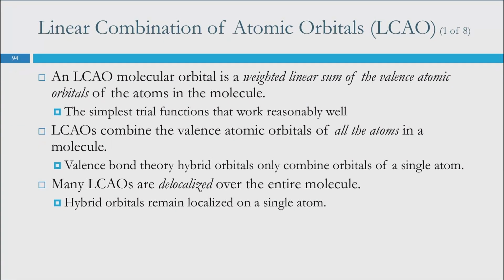Instead, we are going to do some qualitative learning about linear combination of atomic orbitals. So the linear combination part basically means adding or subtracting, sort of. We're not multiplying orbitals together. And the combination of atomic orbitals, we're going to be taking two atoms and combining those orbitals that they have to form a couple of different orbitals, molecular orbitals.